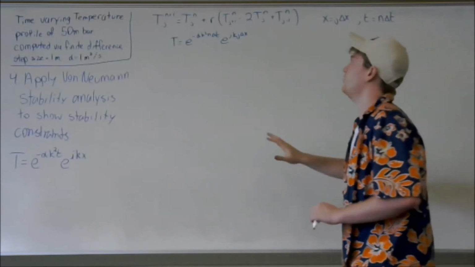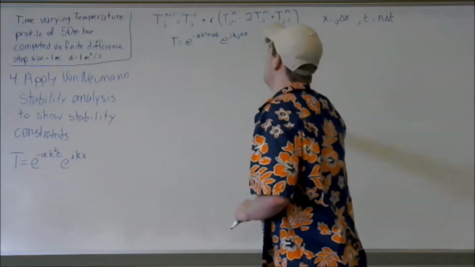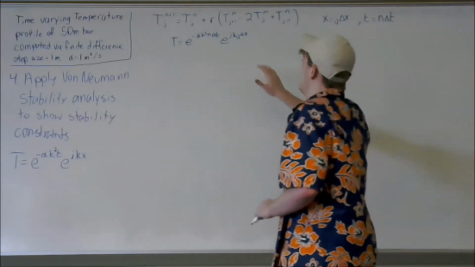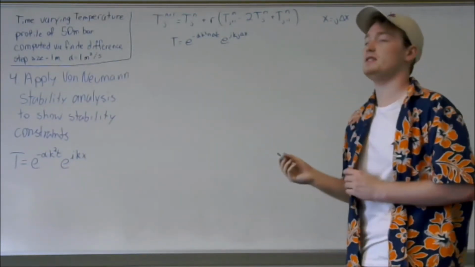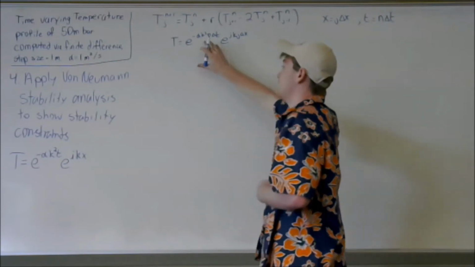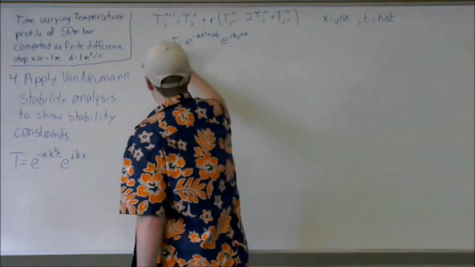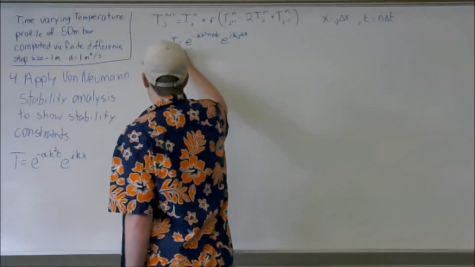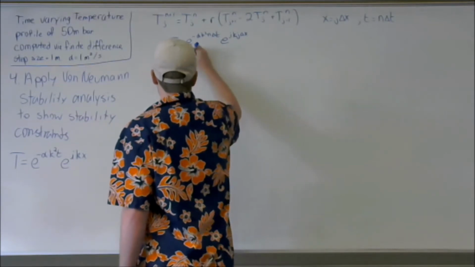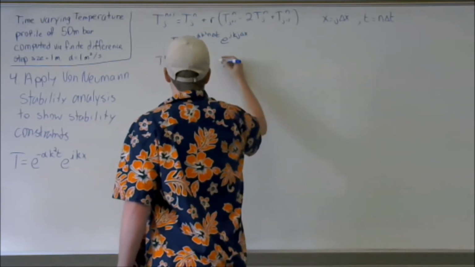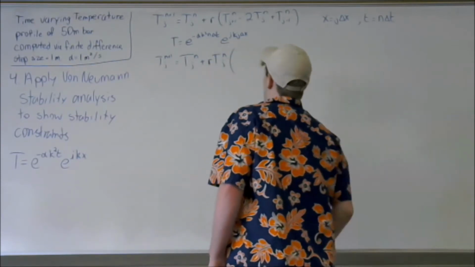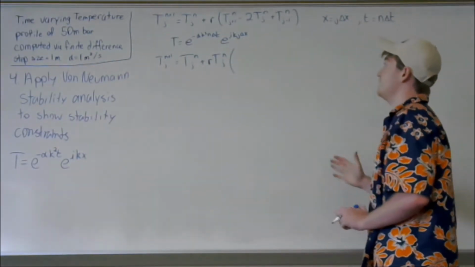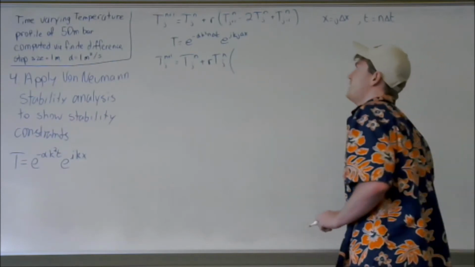But next, I'm going to take this top part here, and I'm going to factor out a Tj of n from this part in the parentheses. And you'll see how we're going to do that by using this solved equation. So if we do Tj of n plus 1 equals Tj of n plus r times the neighboring terms, what does that leave us in the parentheses here?